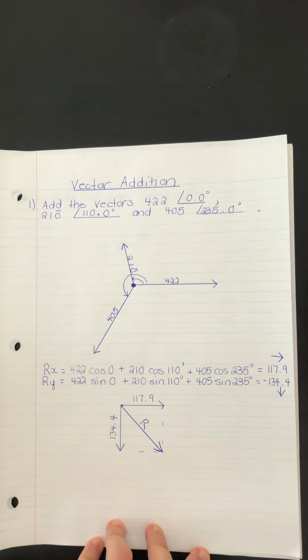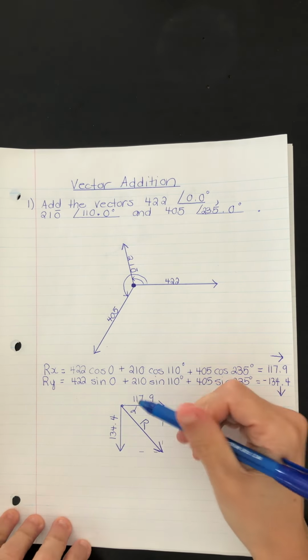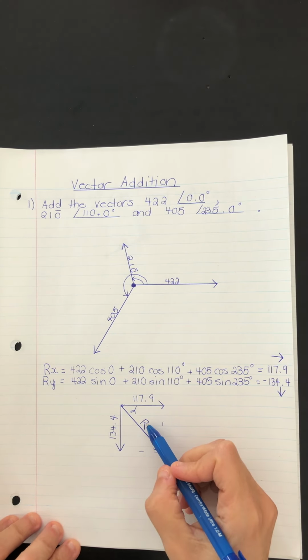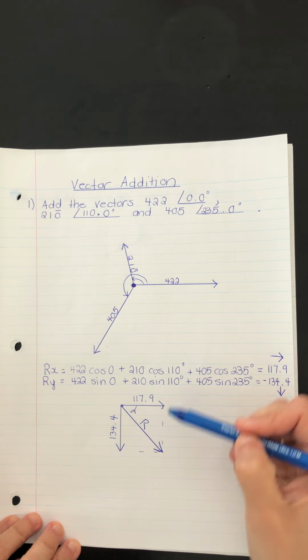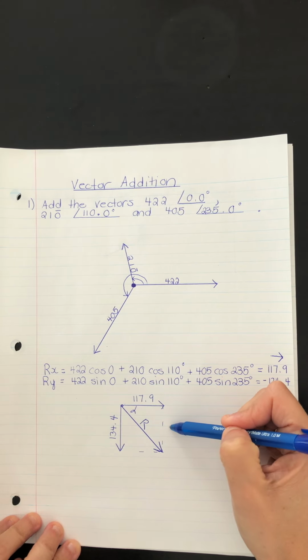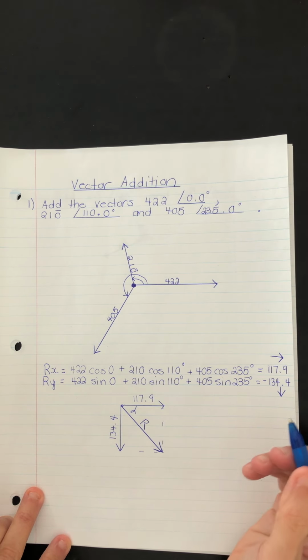And so what we're gonna do is work out that length R and that angle alpha. To work out R, we remember that we could use this right triangle here. This side is 117.9. This side is 134.4. So R is the hypotenuse.